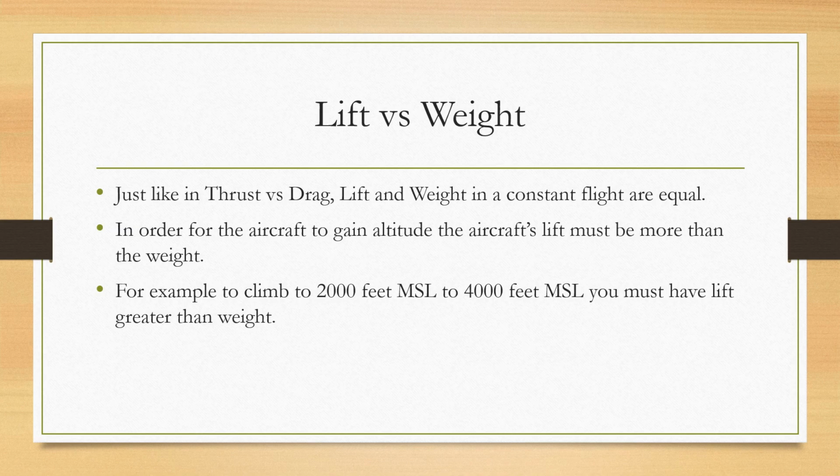So if you're trying to, in this case, climb from 2,000 feet MSL to 4,000 feet MSL, your lift has to be greater than your weight. And then vice versa. If you're trying to descend from the 4,000 feet MSL to 2,000 feet MSL, then your weight is going to have to be greater than your lift.